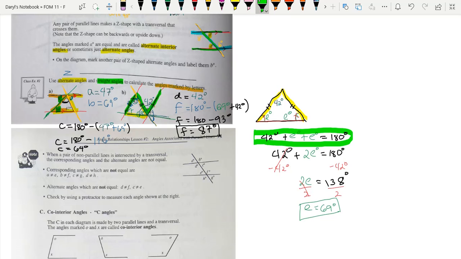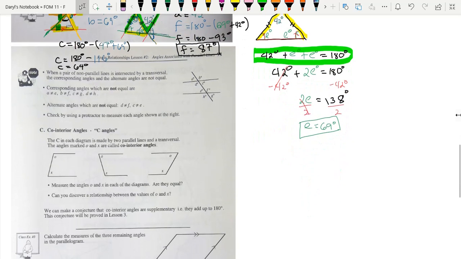So let's proceed to the next page. You have here an important thing to note. So you need to note about this, that when a pair of non-parallel lines is intersected by a transversal.